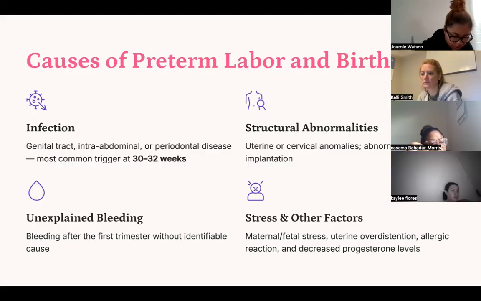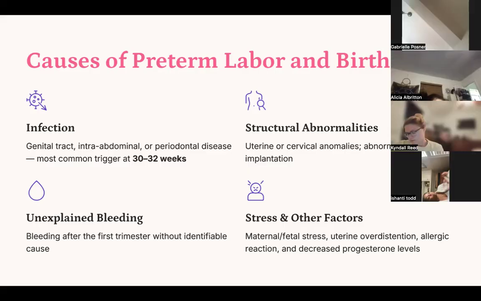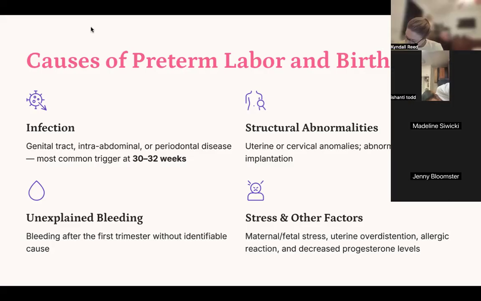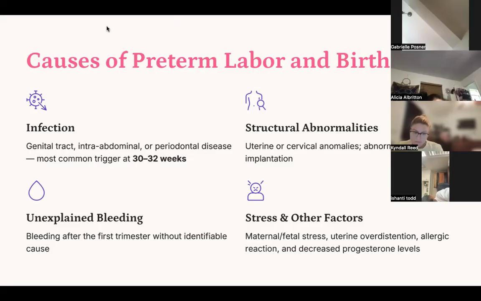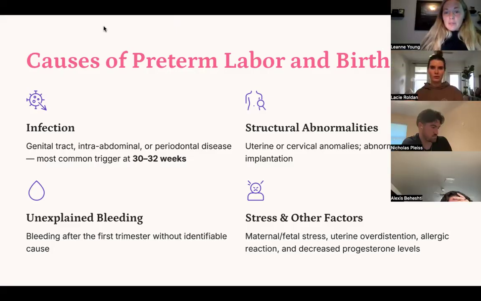We need to have that documented so we know that she's at a risk for preterm birth again. Unexplained bleeding, so bleeding after that first trimester without identifiable cause, that can sometimes cause preterm labor and birth because we don't know where that source of the bleed is. We don't know if it's cervical, uterine, vaginal. Where is this coming from? And it puts mom at a risk.